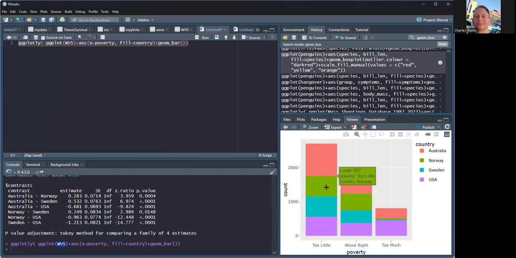You have way more too little, some about right, and then very few say too much. United States, don't ask me why it's purple. I didn't put any colors. This is just selected. Too little, 555. But then you've got about right, and then you've got a lot that say too much. That's why it's coming up higher than everyone else.